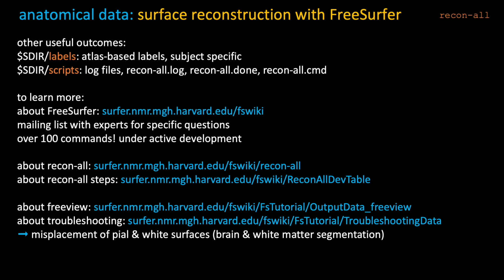So there are two potential issues that we are dealing with, kind of fundamental: misplacement of the pial surface and misplacement of the white surface. And they're usually a result of inaccurate brain or white matter segmentation. So I'm going to talk about these two issues now in a bit more detail and try to show you how we can try to address them for our specific cases of the high-resolution data.